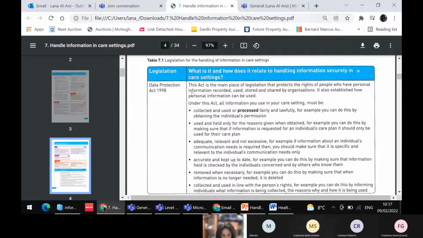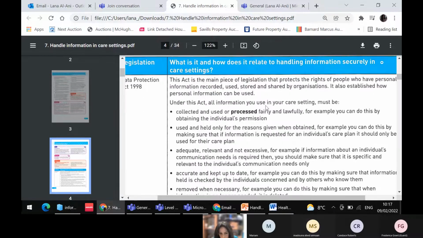So if I read for you here what this legislation has, this act is the main piece of. Can you read my notes, or the book notes, or is it too small?